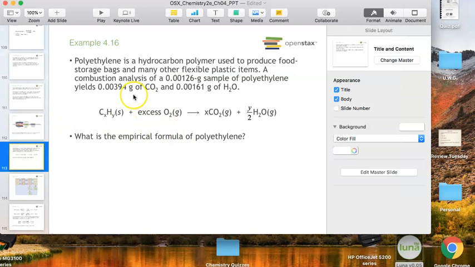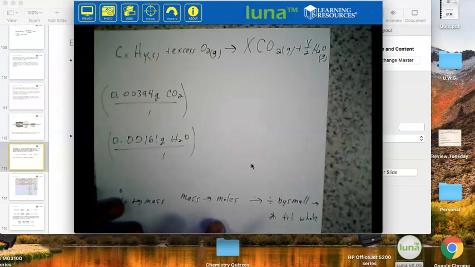So we're given the mass of carbon dioxide, which is 0.00394 grams, and the mass of water, which is 0.00161 grams. That's what you're going to get whenever you do an experiment: the mass of CO2 and the mass of water.